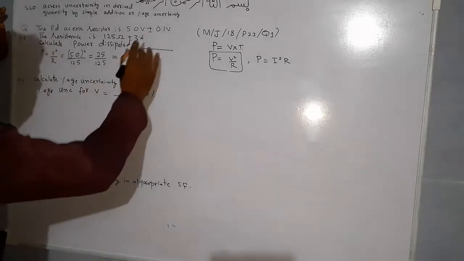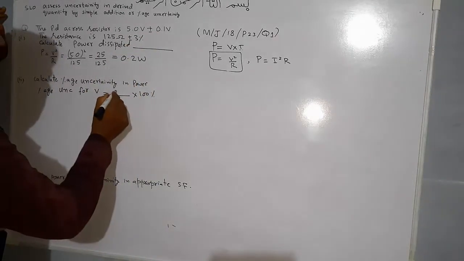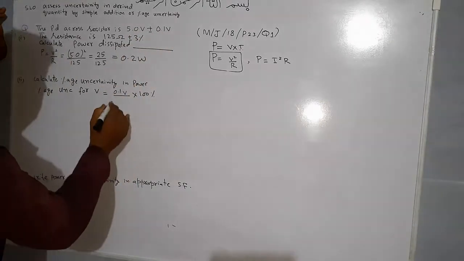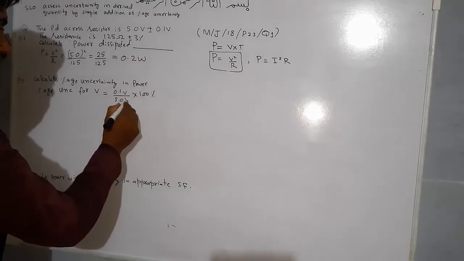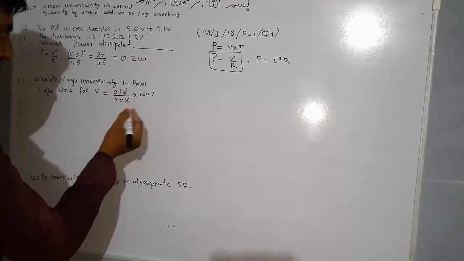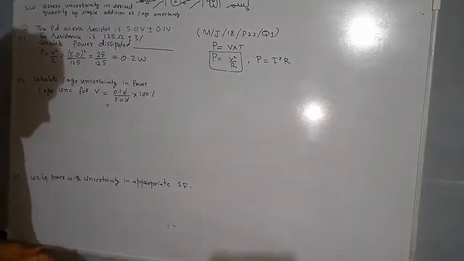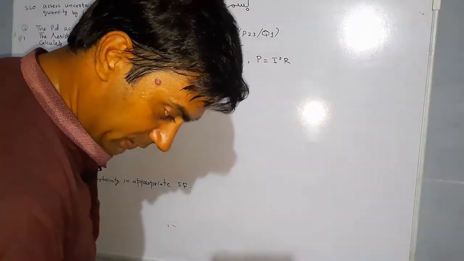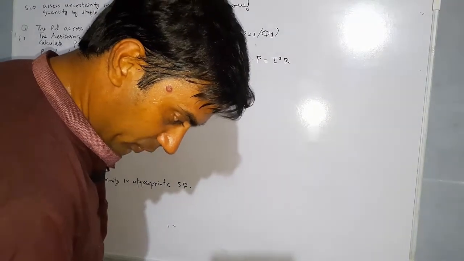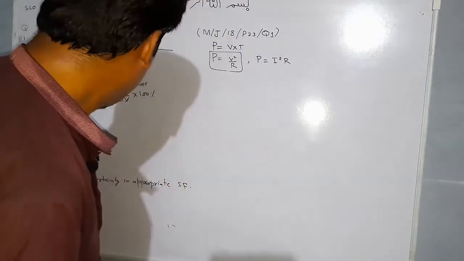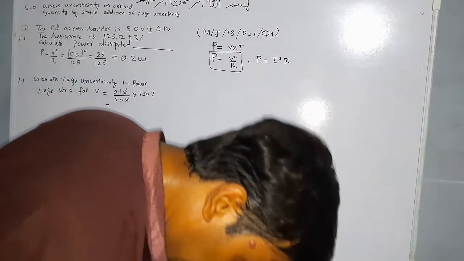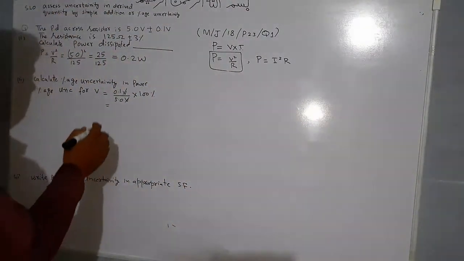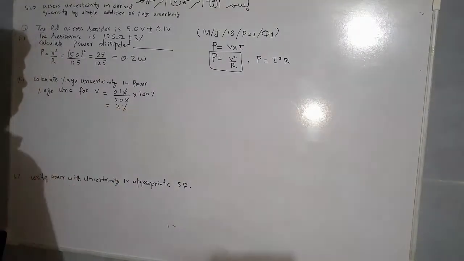The absolute uncertainty for the voltage is 0.1, the least count. The unit must be the same; both are in volts, and the measured value is 5.0 volt. They cancel easily. Now we divide and take 100%. So 0.1 divided by 5.0 is 0.02, multiplied by 100, that becomes 2%. The overall answer will be 2%.